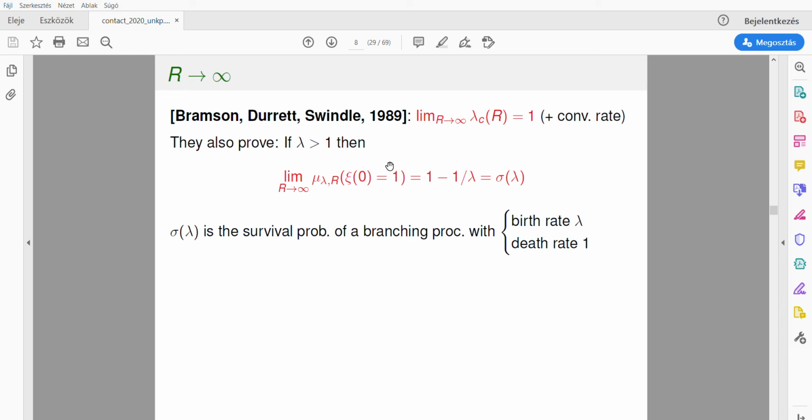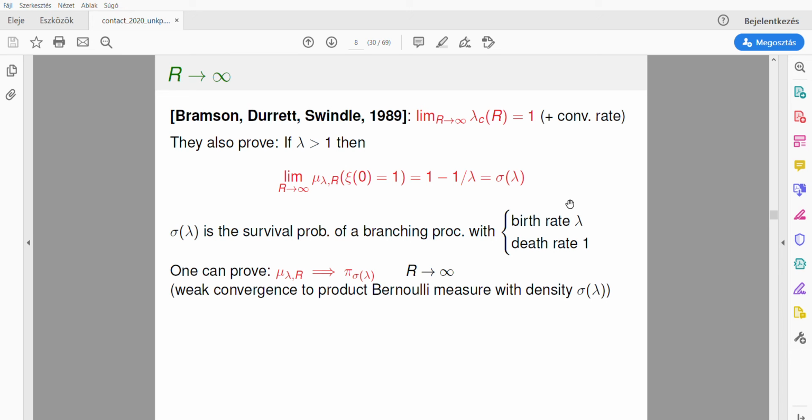That probability is equal to this quantity for any value of lambda and r. I will describe that later, but that's why things are related to the survival probability of a branching process.